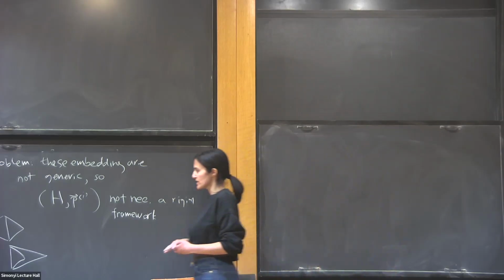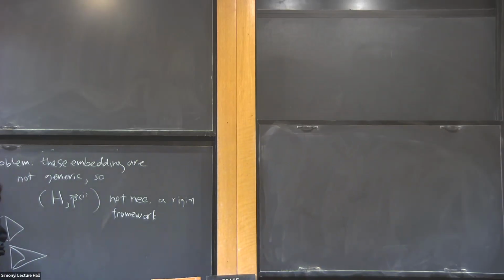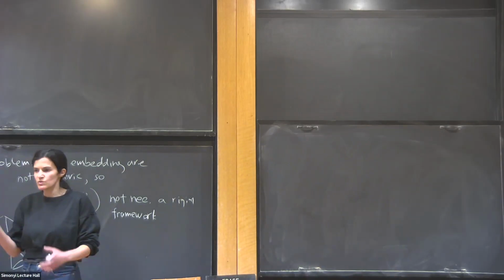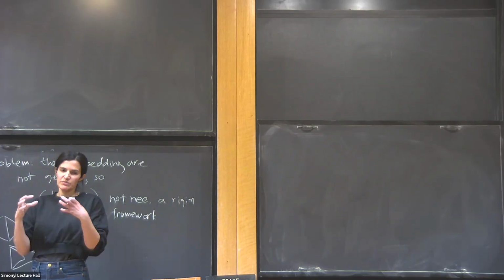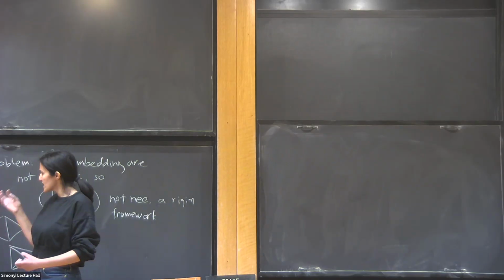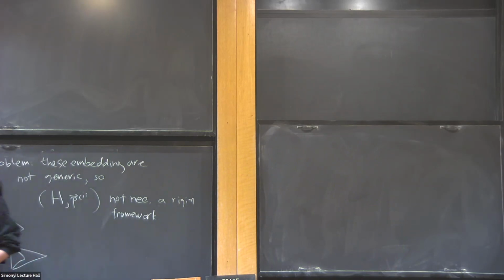But in our case, we get a graph, and we also get an embedding. And we want a subgraph such that when we restrict the embedding that we are given at the beginning, we get a rigid framework. Let me show you the kind of statement that we need.